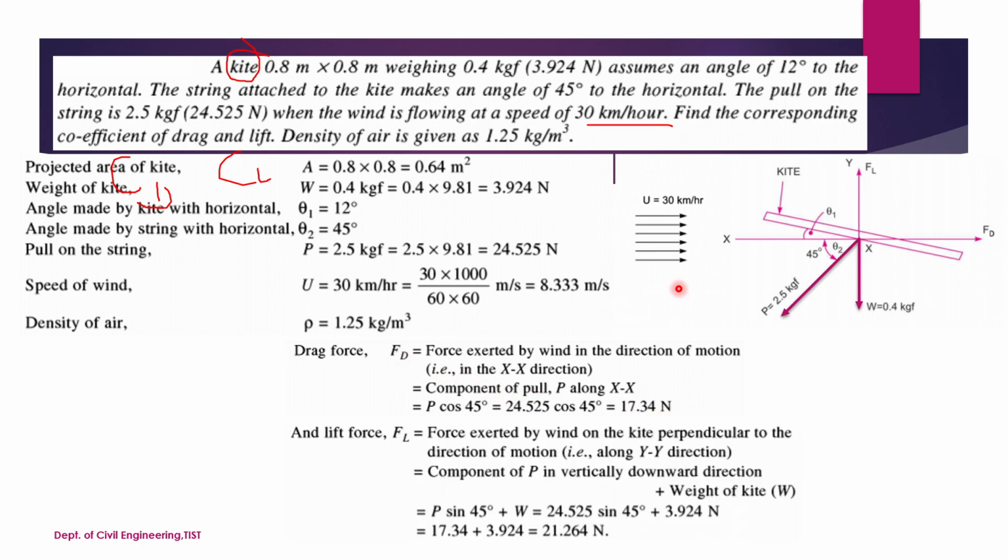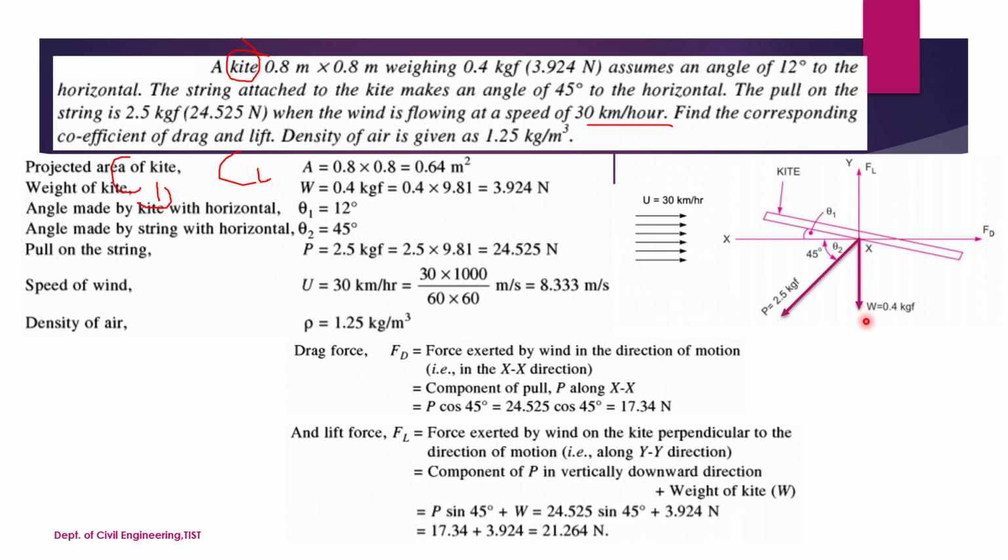Now we'll find out the value of FL. Take the sum of all forces in the y direction, or in the vertical direction. So in the vertical direction you have the weight W and the component of P. Here the angle is 45, so the horizontal component will be P cos 45 and the vertical component will be P sine 45.